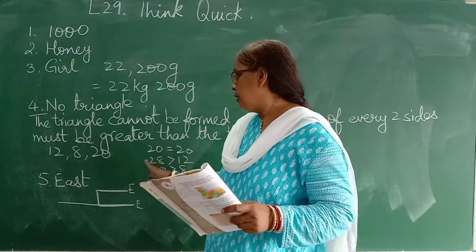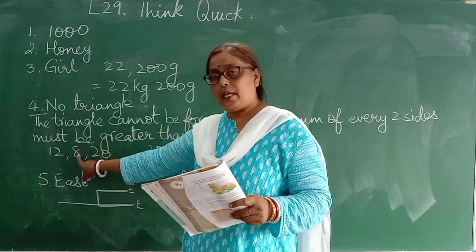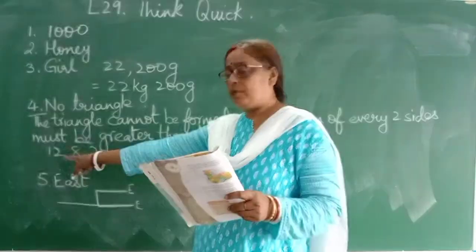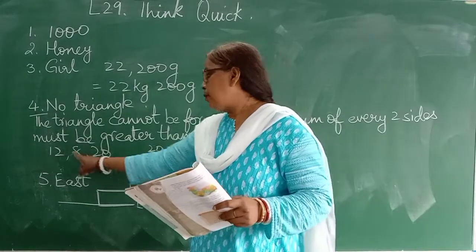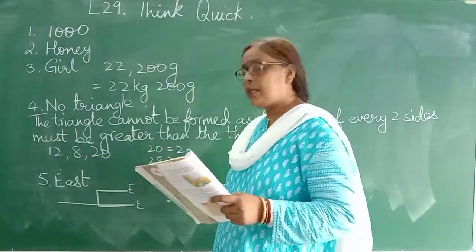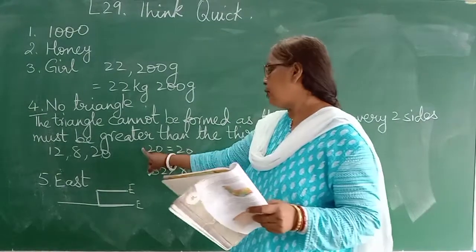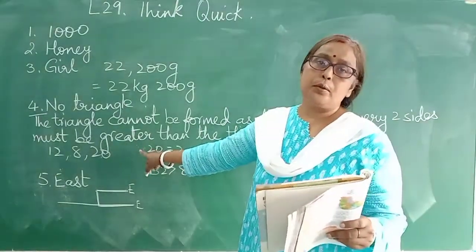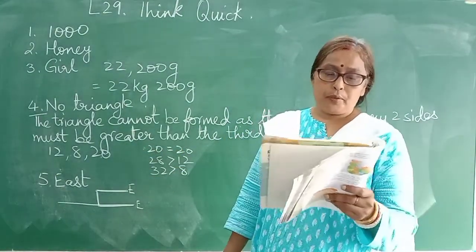Whereas if you add 20 plus 8, 28 is greater than 12. 20 plus 12, 32 is greater than 8. But this one is not fulfilling the condition. So no triangle can be formed.